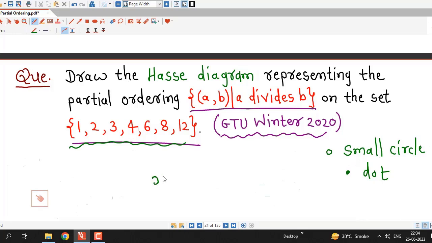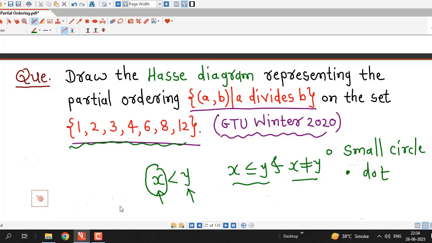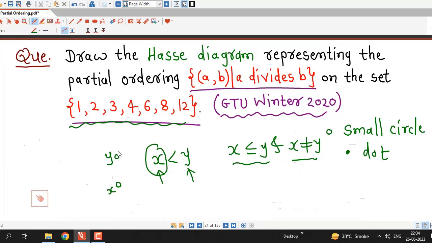Now if x is less than y, this means x is related to y and x is not equal to y. If x is related to y and x and y are different, then the circle for point x is drawn below the circle for point y. If x is less than y, then the circle for element x is drawn below the circle for element y. So this is the second point.